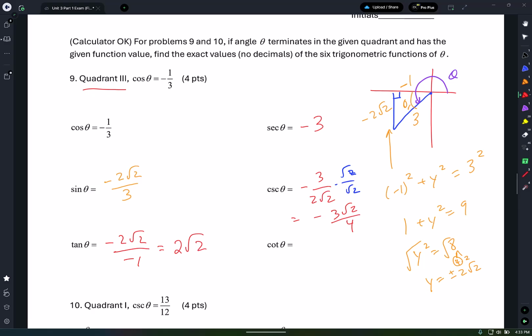And then negative divided by negative is a positive, so you can do 1 over 2 square root of 2, just the reciprocal of this. Or multiply this by square root of 2 over square root of 2. Square root of 2 over 4. Or 1 over 2 square root of 2 if you wanted to.